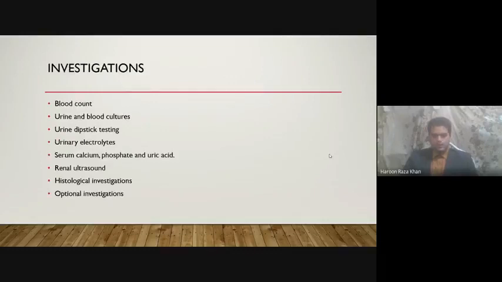Now, let's talk briefly about the investigations, especially if there is an emergency of this condition, as it can lead to serious pathologies. Commonly, cases include blood count, for example, anemia or very high ESR can be seen. Blood cultures are done to exclude infection.